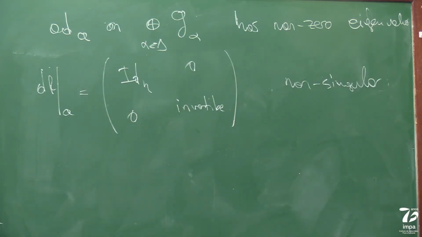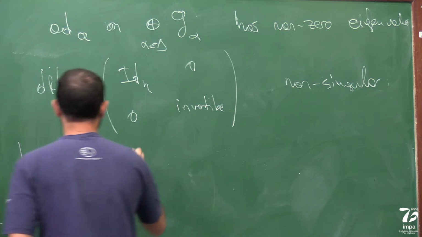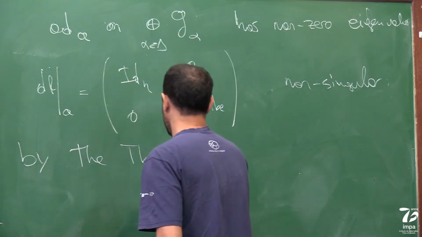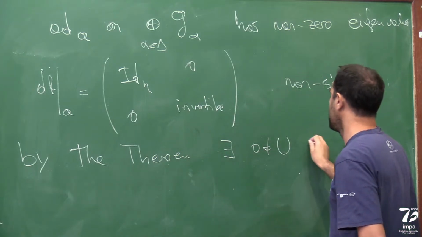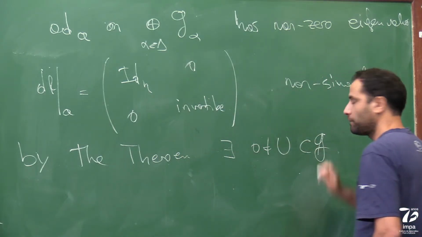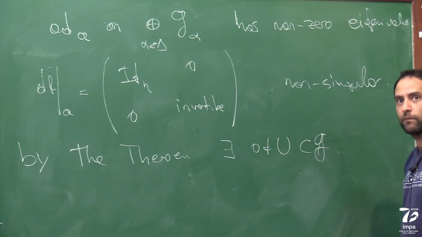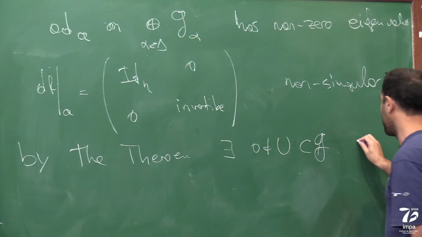So that means that this map F has a non-trivial Zariski open in its image. By the theorem, there exists a non-trivial Zariski open inside of G in the image of F.